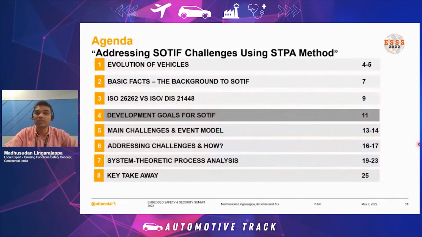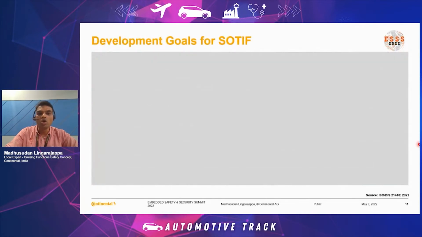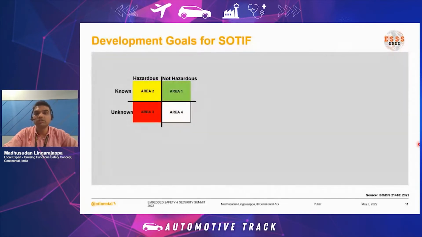Next, we will see what the different development goals for SOTIF are. According to the specification, the scenarios are categorized into four different areas. Area 1 talks about known, not hazardous scenarios. Area 2 talks about known hazardous scenarios.